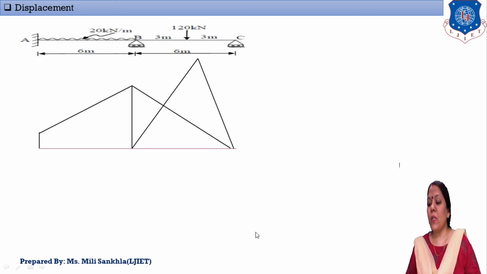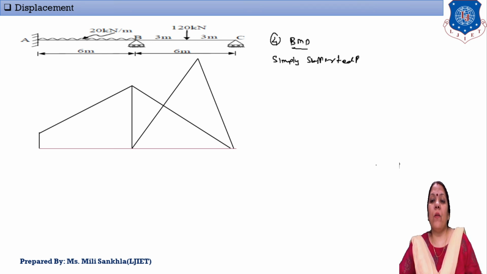Now draw the BM diagram. For the BM diagram, first of all we find the simply supported beam moment. So mention here, our first step in the BMD is to find the simply supported beam moment, because for the fixed beam moment we find the simply supported beam.